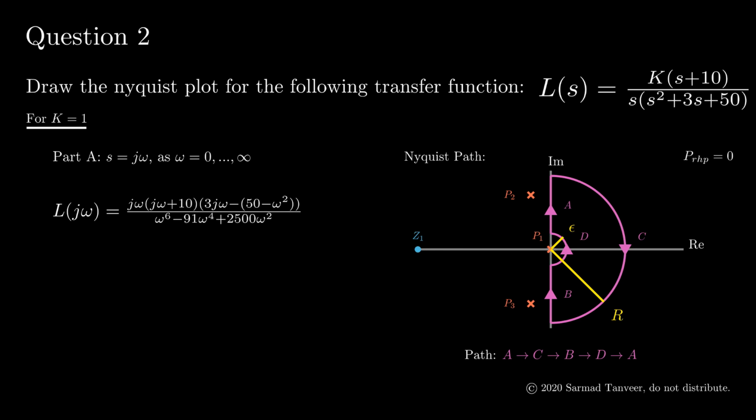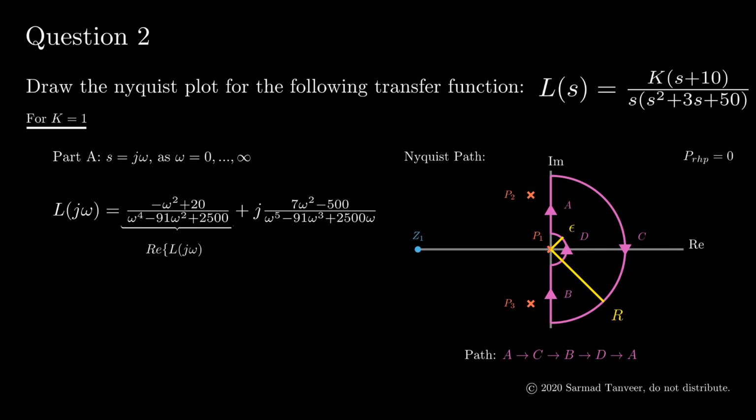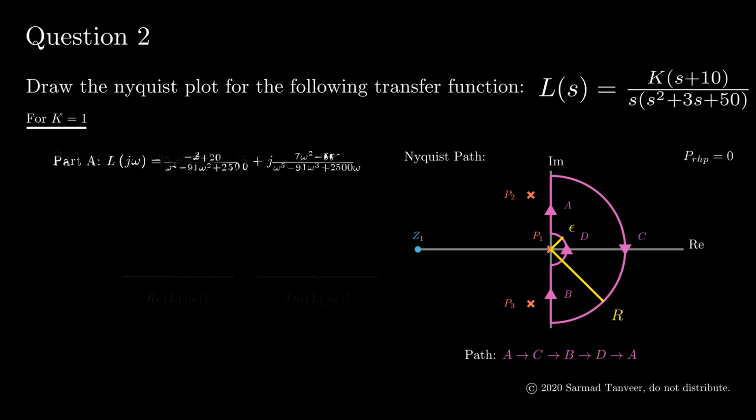We then begin to simplify the numerator with the goal of separating the real component of the numerator from the imaginary component. After achieving this, we split the real and imaginary components into their distinctive terms and simplify some more. We now have the real component of L(j omega) and the imaginary component of L(j omega). For now, we will hold on to this term for part A.